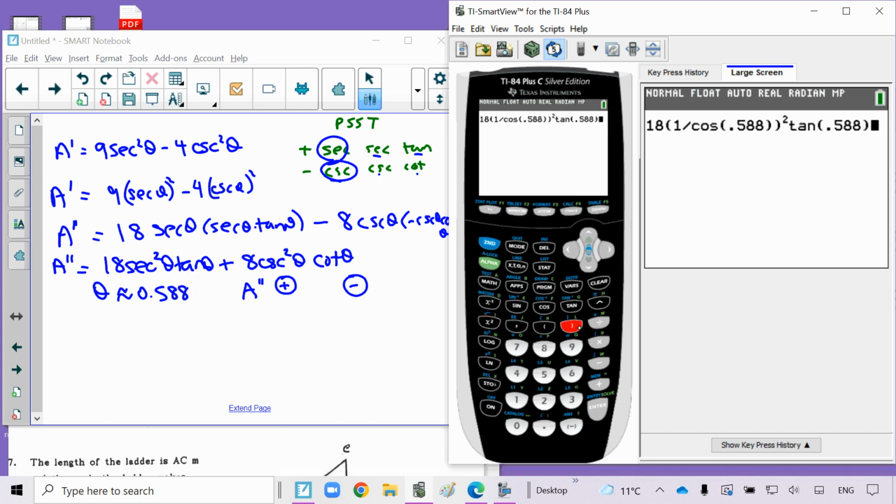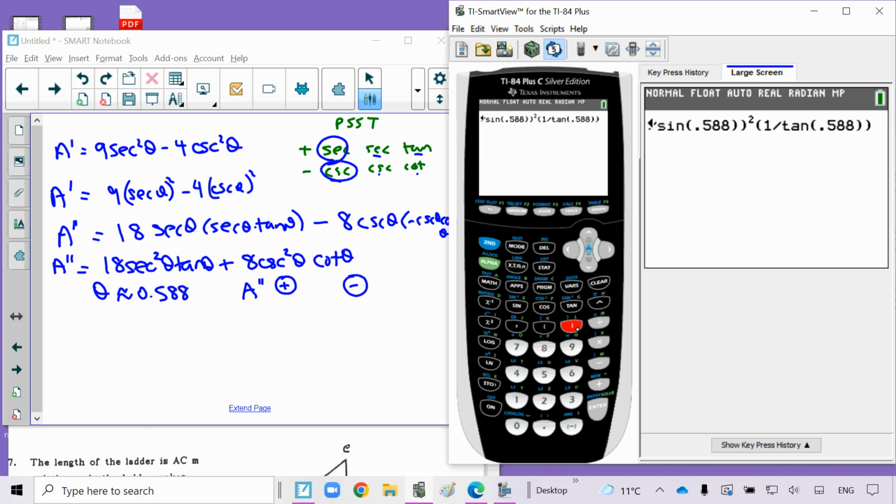Again, I'm just doing this to find out, is my second derivative positive or negative for the critical values. And then 8 times cosecant. Cosecant is the reciprocal of sine. So 1 divided by sine of 0.588 bracket squared, times by the cotan. Cotan is just 1 divided by tan of 0.588 bracket and bracket.